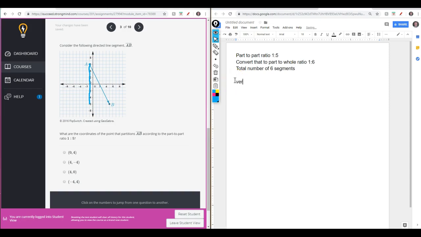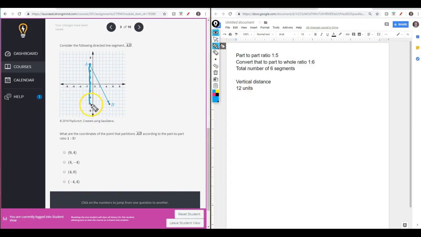So the vertical distance is 12 units. Now if you're doing the algebraic, this would be represented by adding the y coordinates together. You would end up with 12.